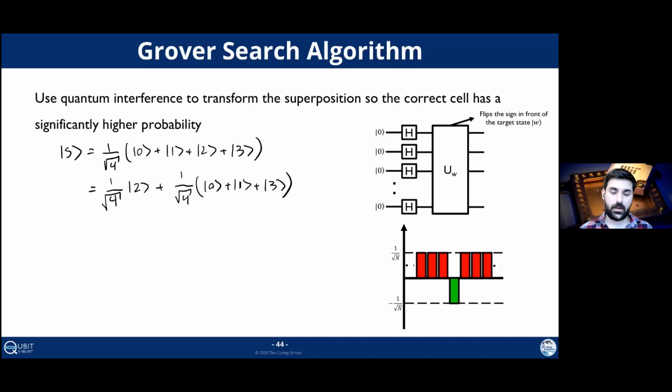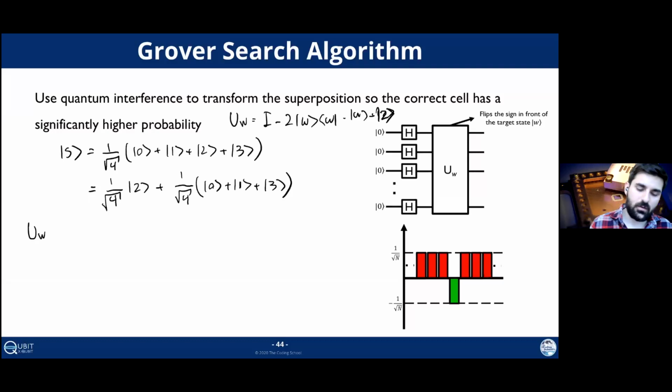Now if I apply the oracle operator here, which is U of w, I'm going to write the form of what it looks like, which is the identity minus 2 times the outer product of w. In this case, I said that w is equal to 2. That's just an assumption we made. It doesn't have to be that way. This is just an example.